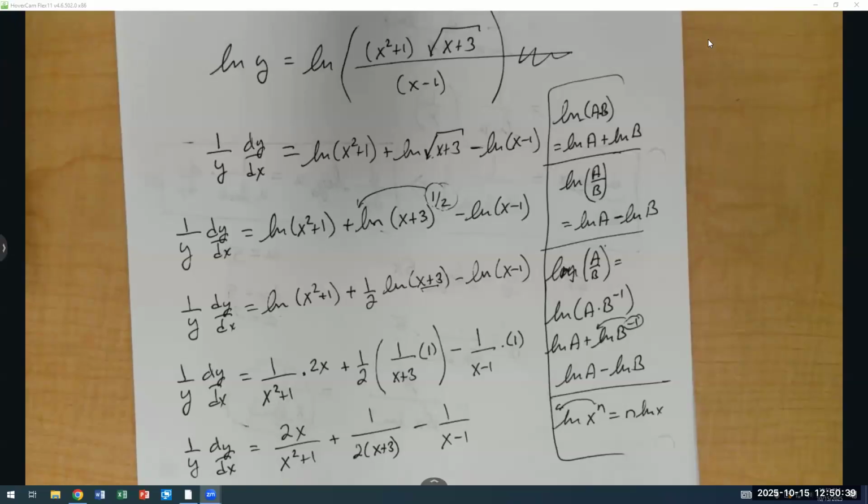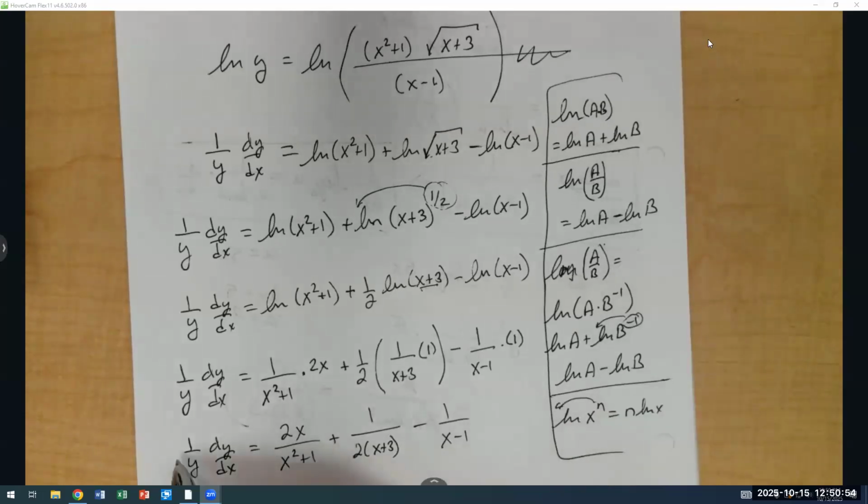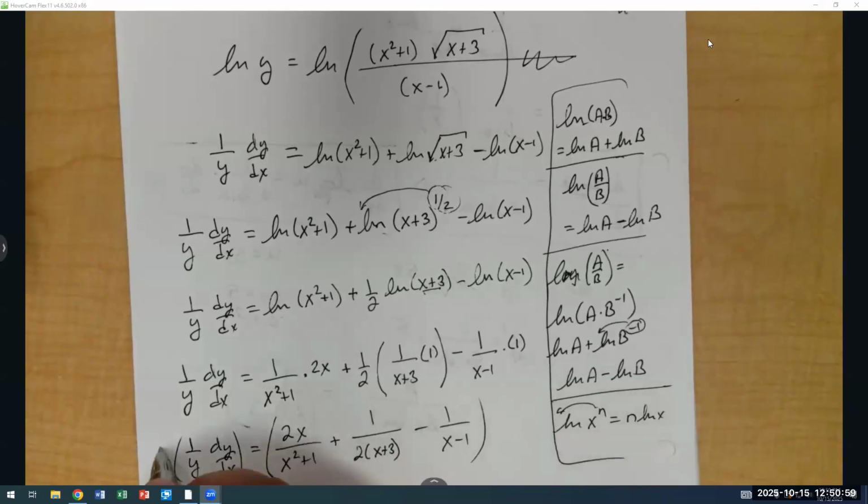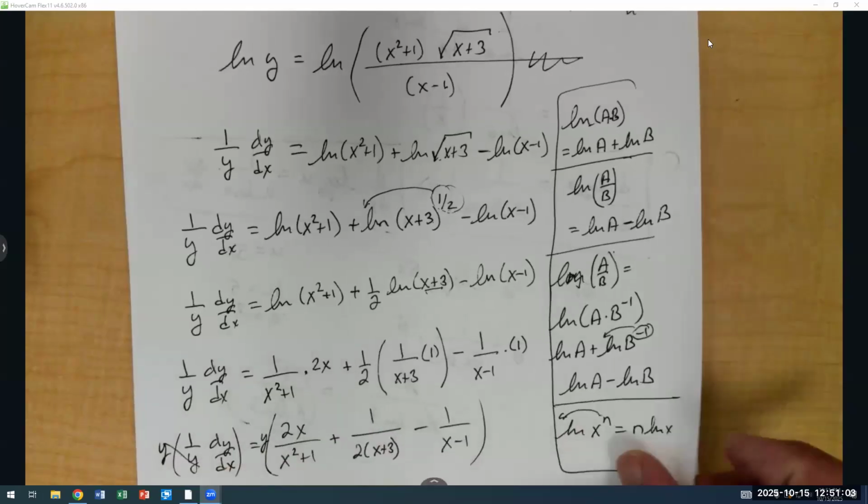Remember, we're looking for the derivative. The derivative is dy/dx. So we have to get rid of this. How do we get rid of the 1 over y? To get rid of 1 over y, we multiply both sides by y. So those cancel.